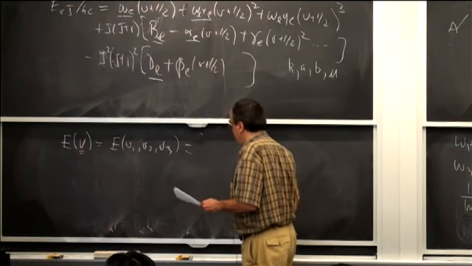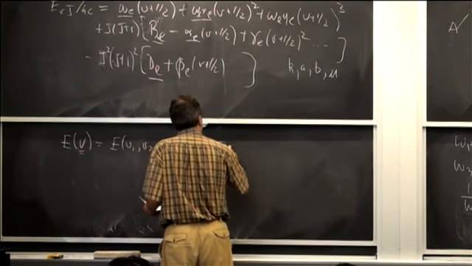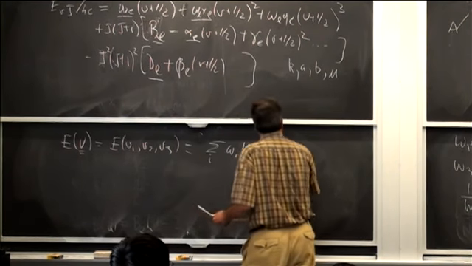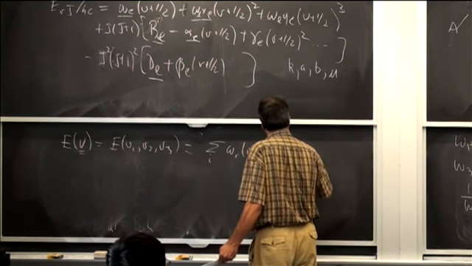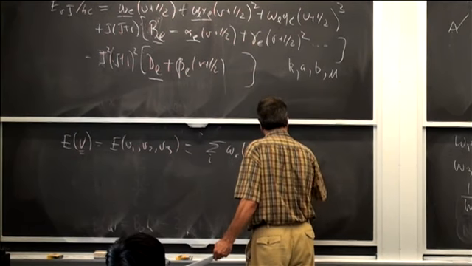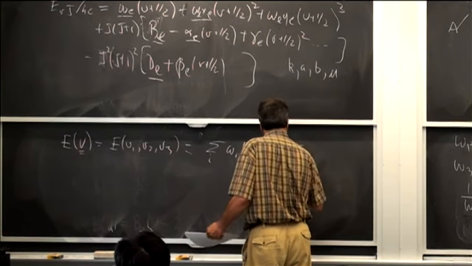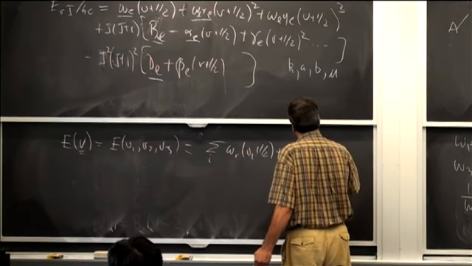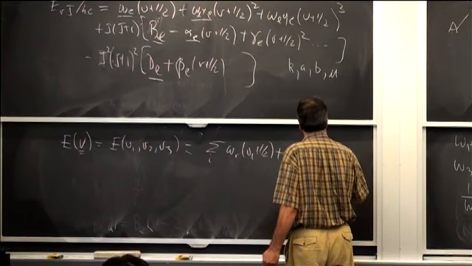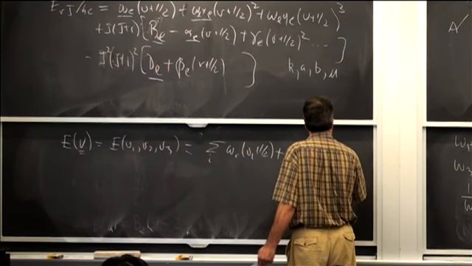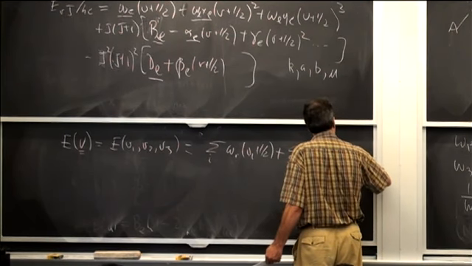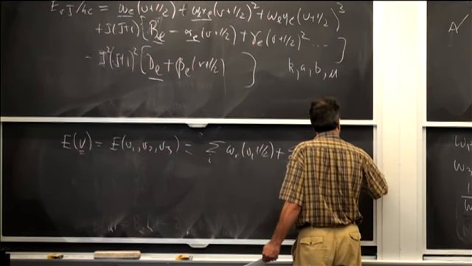And so we're going to have omega i (vi plus a half) plus the sum over i greater than or equal to j of x ij (vi plus a half)(vj plus a half).